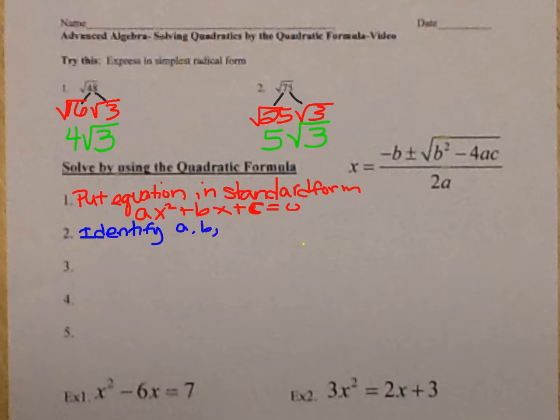Okay, next, you're going to identify a, b, and c. Now remember, a is what's in front of the x squared, b is the number that's in front of x, c is the number that has no x. Okay, then you're going to plug into the formula. So plug a, b, and c into the formula. Okay, next, you're going to simplify.